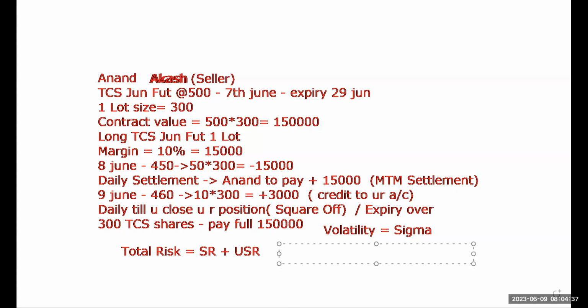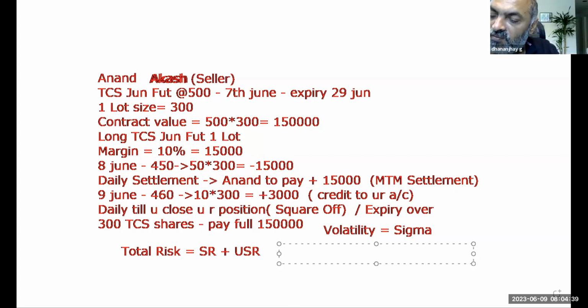You note down this. What are the sources of NSE's profits? How does NSE make money? You go to the NSE website, NSE annual report, and find out how much money it made in 2020-21, 21-22, 22-23.